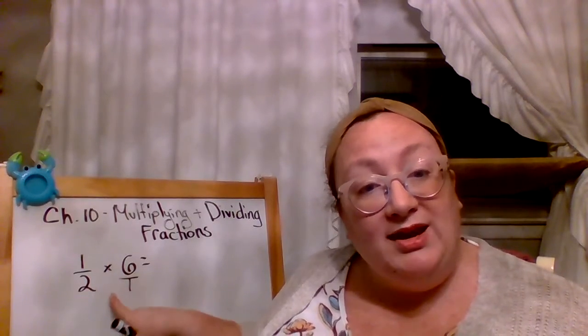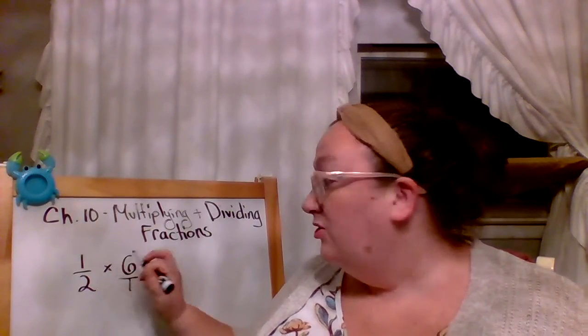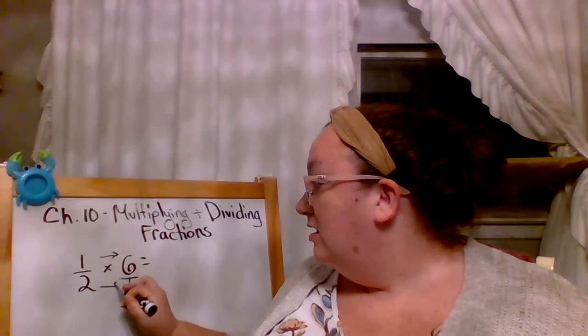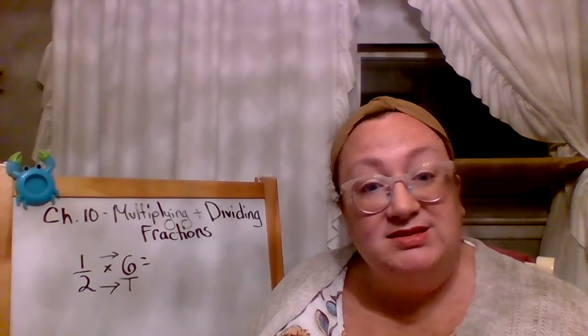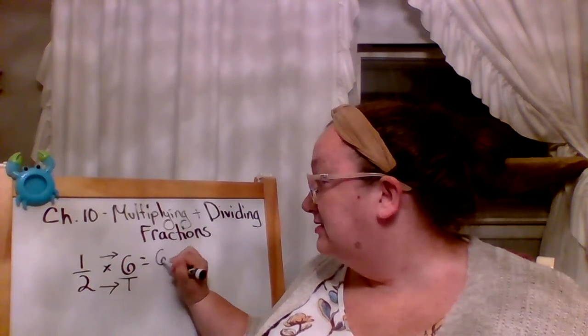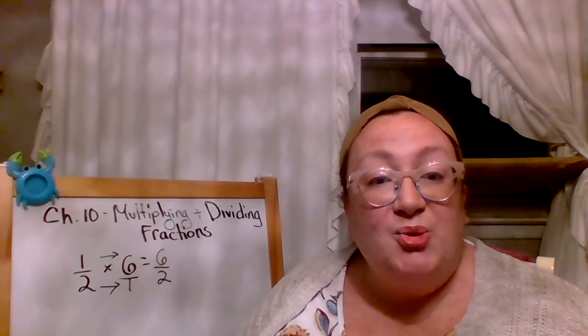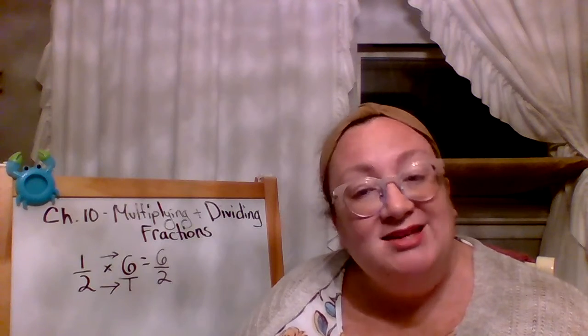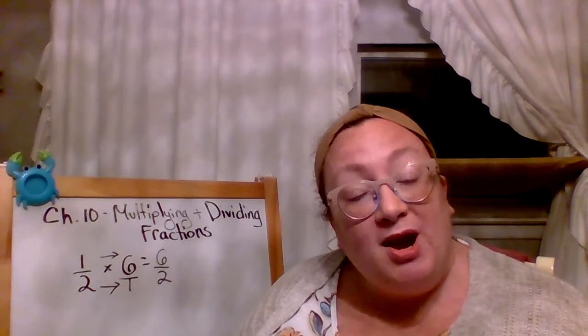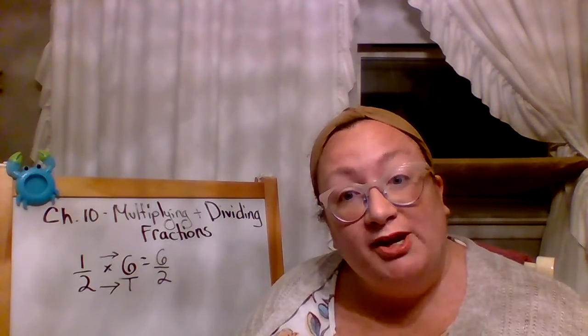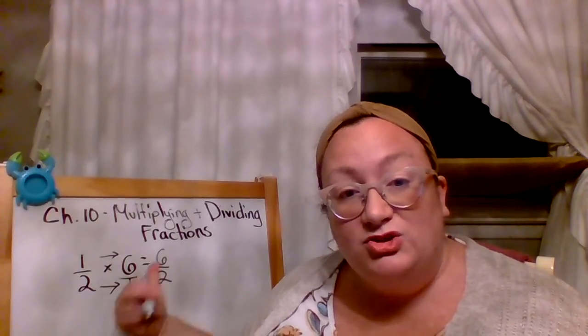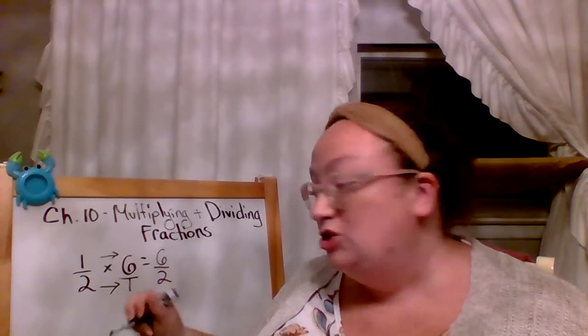So now we have 1/2 times 6 over 1. And all I do is multiply across. Easy peasy. 6 times 1 is 6. 2 times 1 is 2. So 6 over 2 is an improper fraction. Improper fractions have larger numerators than they have denominators. So you can see here the 6 is larger than the 2.